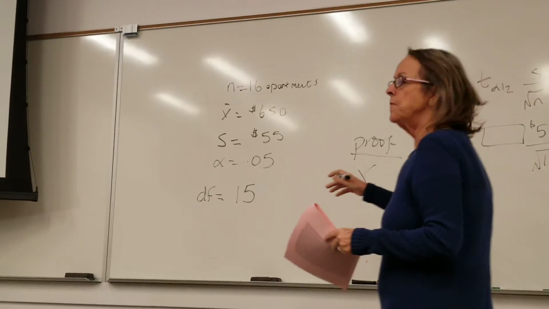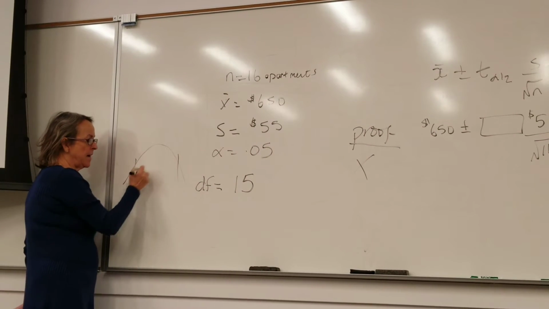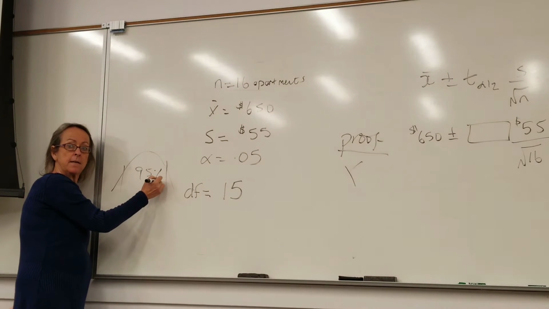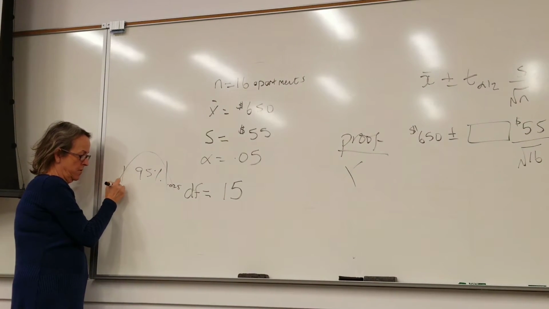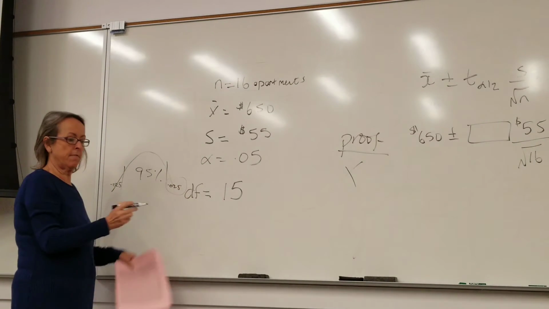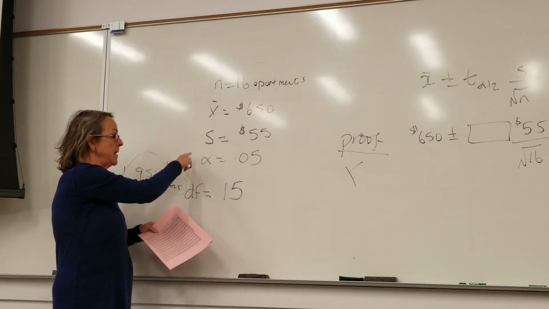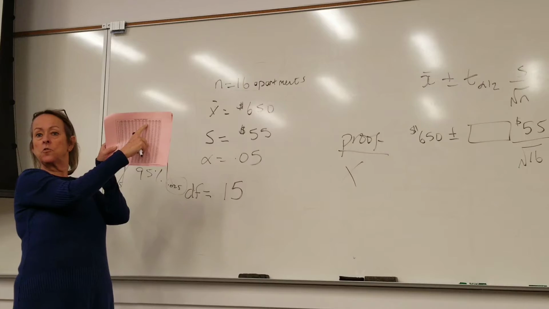Now, alpha's 0.05, right? So that meant we wanted to be 95% confident, agreed? And it means that there's 2.5% in each tail. So what is the area in the upper tail if you want to be 95% confident? You go to 0.025 up here.